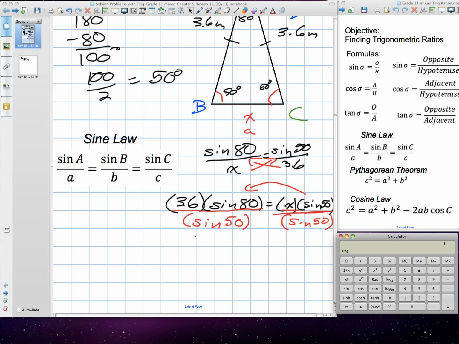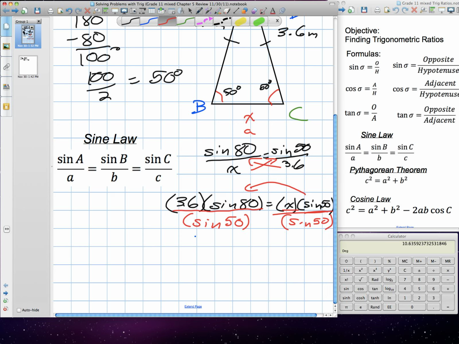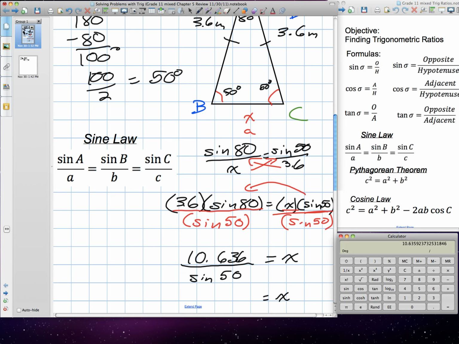Okay? So, now that we have this, we're going to find sine 80 first and multiply by 3.6. So we're going to get 10.63 rounded, divided by sine 50 is equal to our X. Okay?